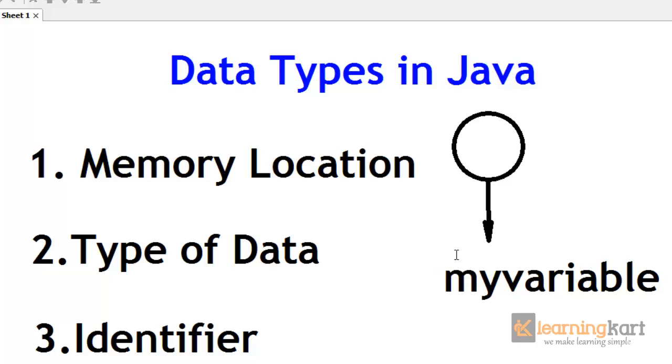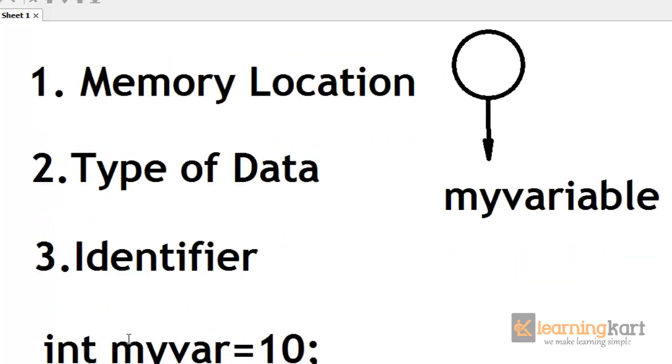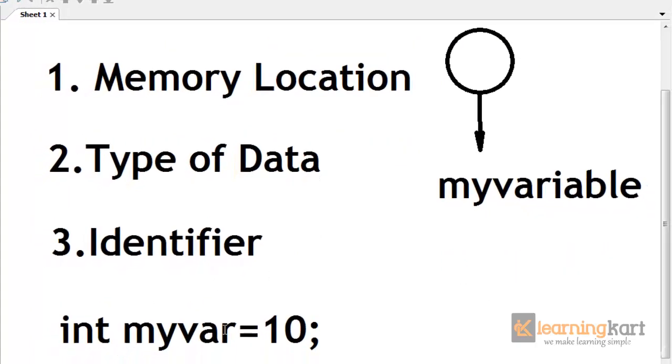So in this case, as you can see, there is a memory location where we store some data, and we refer to this data through an identifier name we call myVar. If we define a variable and assign it some value, let's see a small example. In this case, myVar is the identifier, 10 is the value that we need to store, but how many bits will be used to store this 10?